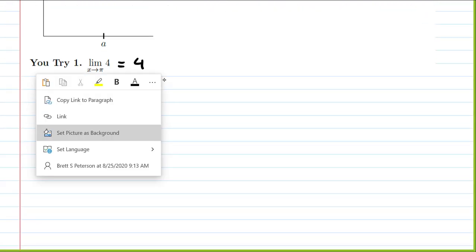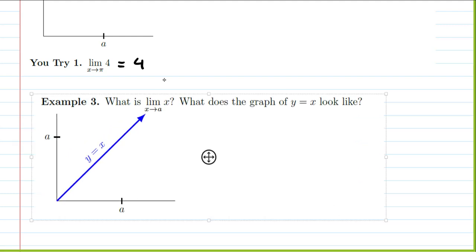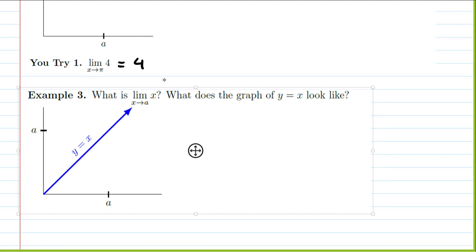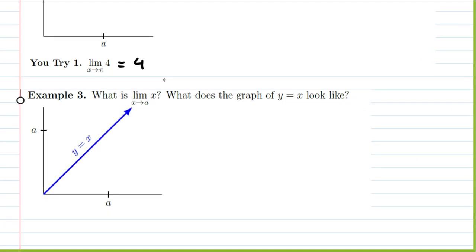Our next one is the limit as x approaches a of x. So our function this time is y equals x. And if we graph y equals x, we get a line with slope 1 that contains the origin. So as we approach a from either the right or the left, we know that every point on the graph y is the same as x is going to be the ordered pair a comma a.